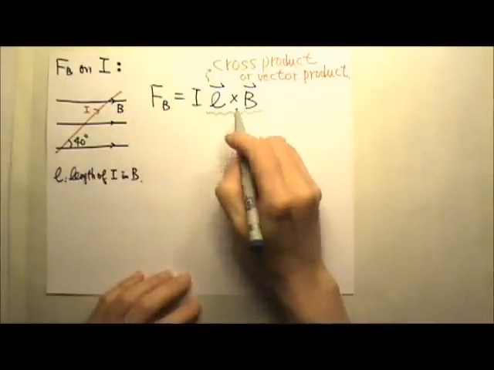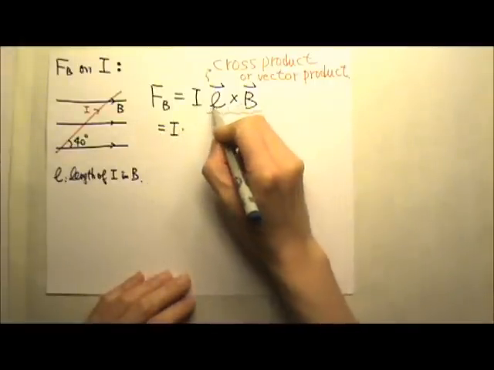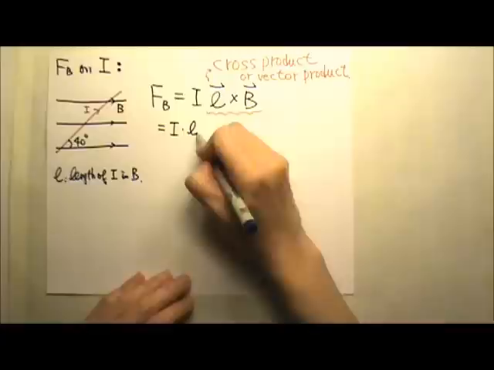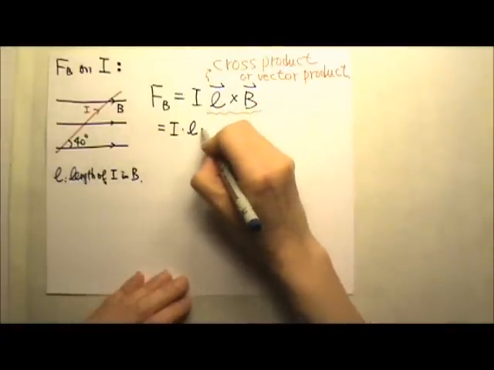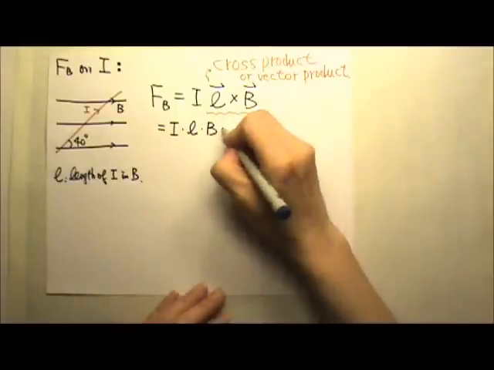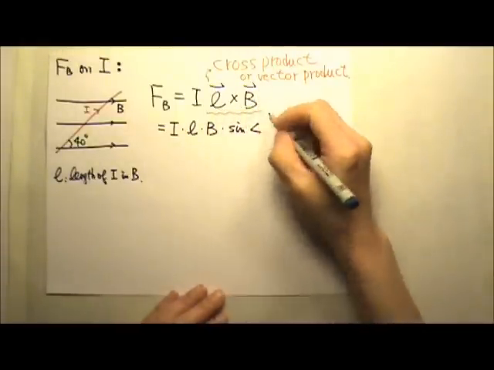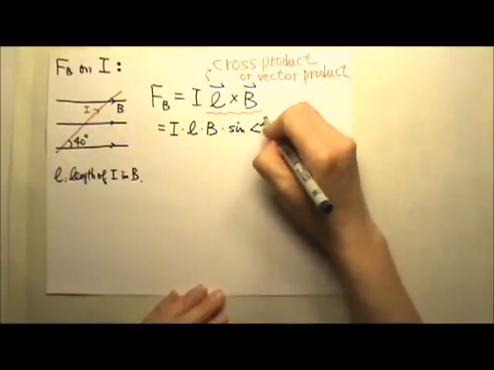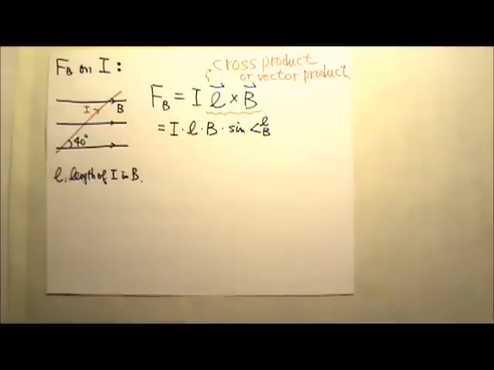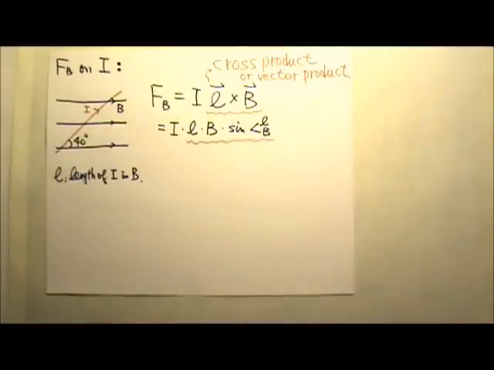When we do cross product to multiply two vectors, we just have to multiply the magnitude of one vector times the magnitude of the other vector times the sine of the angle between these two vectors. So the sine of the angle between L and B. So this part is the cross product.